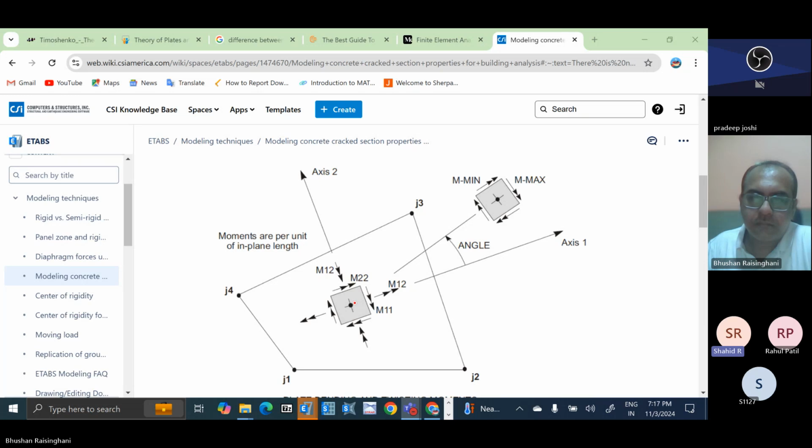Sir, the page is visible, but what you are writing, we are only able to see the crosshair, the mouse pointer. What you are drawing is not visible.